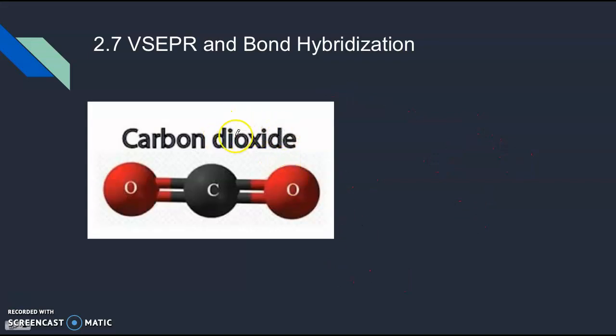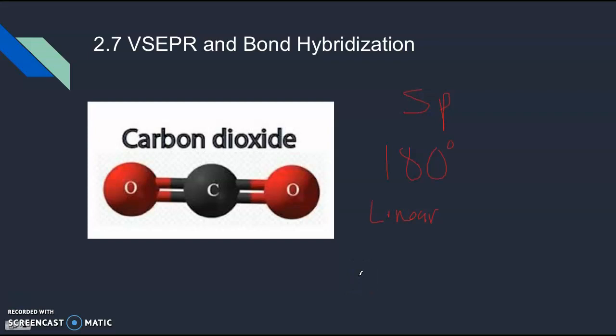The next one is carbon dioxide, and this is the last structure you need to know about. This is sp hybridization, and the bond angle here is 180 degrees, and this is considered linear, a linear shape. And this carbon dioxide, just like the SO2 on the previous slide, has 2 sigma and 2 pi bonds.